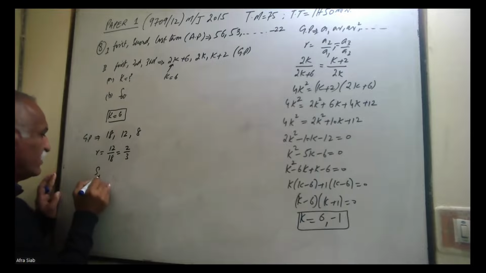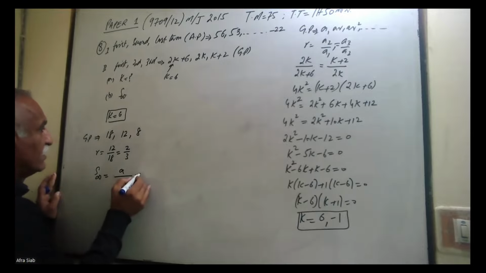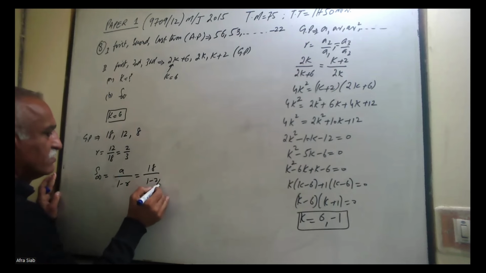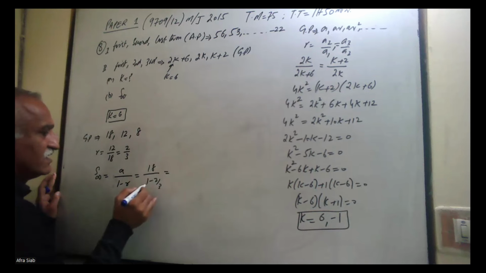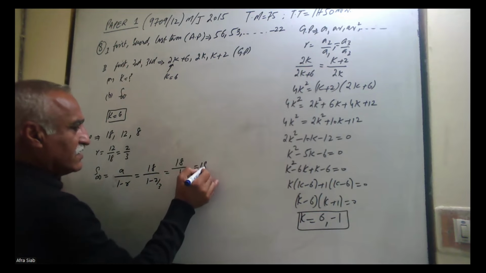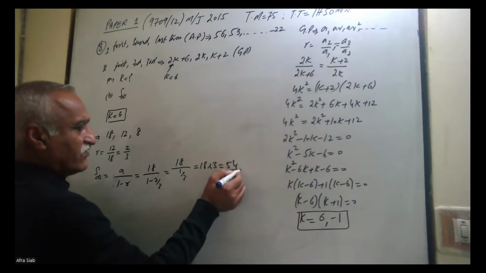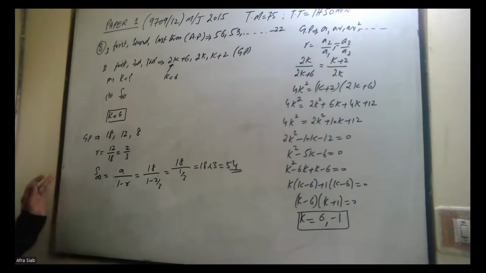So the sum to infinity of this progression is a over 1 minus r, that is 18 over 1 minus 2 by 3. That is 18 over 1 over 3, that is 18 into 3, equal to 54. So this is the sum to infinity of this progression.